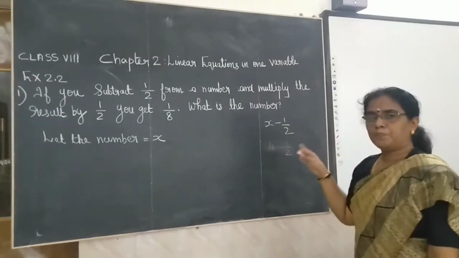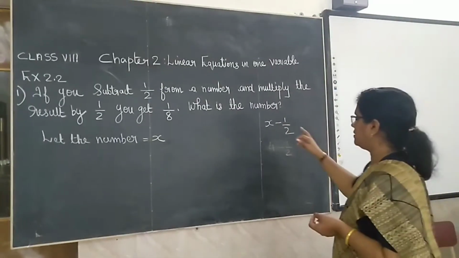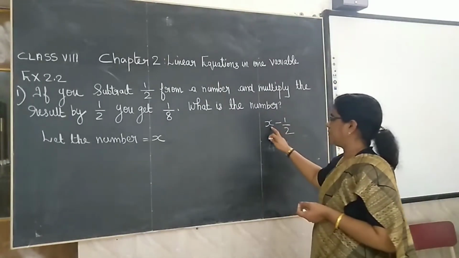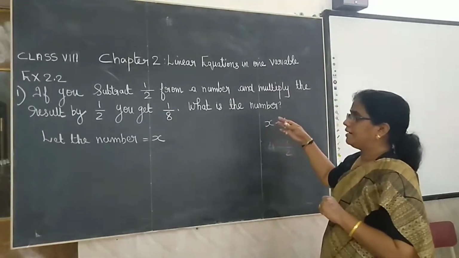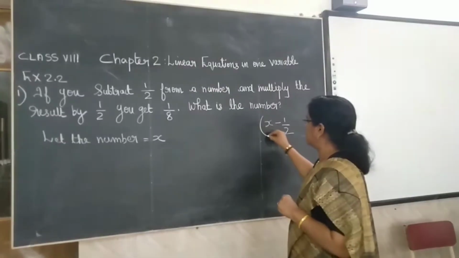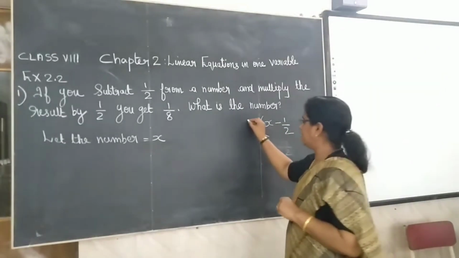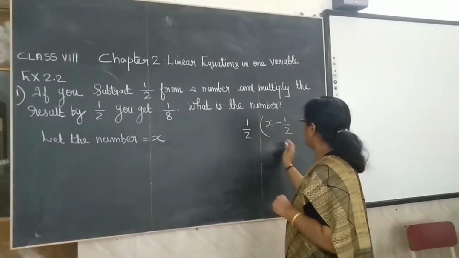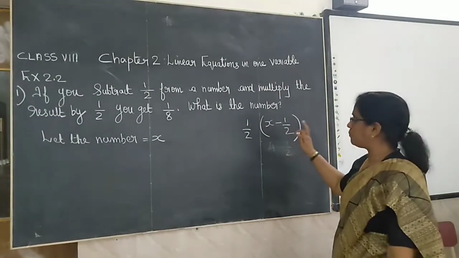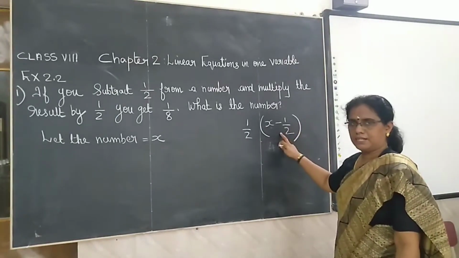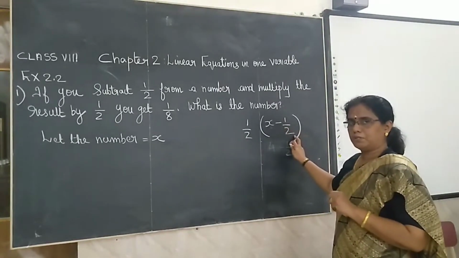And multiply the result. When we subtract 1 by 2 from x, the number becomes x minus 1 by 2. And multiply it by 1 by 2. That is, we have to multiply the result with 1 by 2. First we were subtracting 1 by 2 from x, then it becomes x minus 1 by 2.